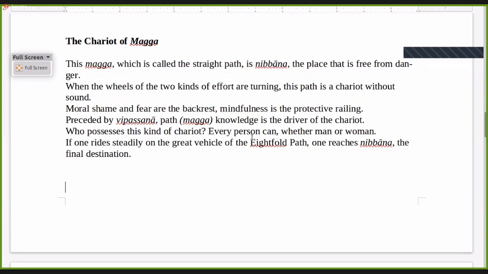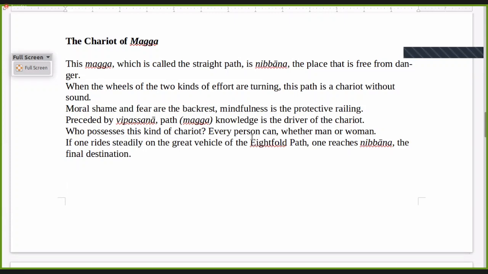Mindfulness is the protective railing. Preceded by vipassana, mega knowledge is the driver of the chariot.